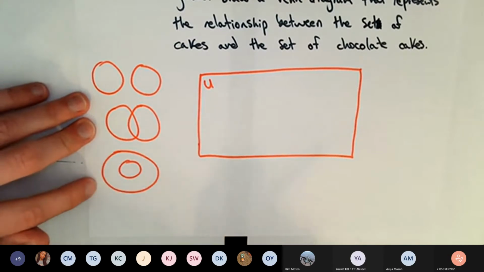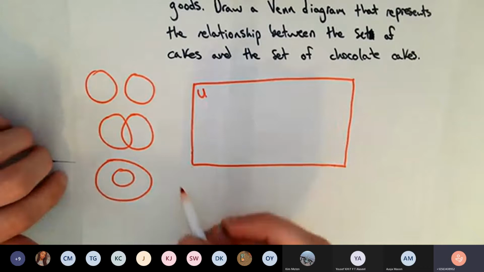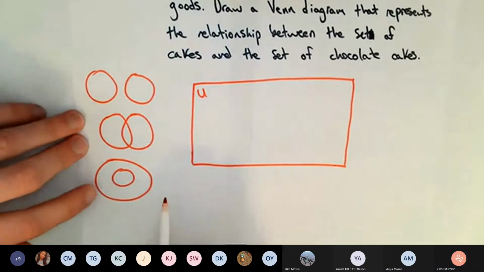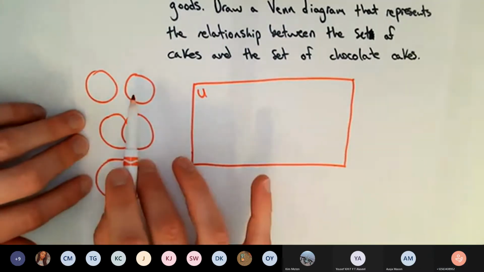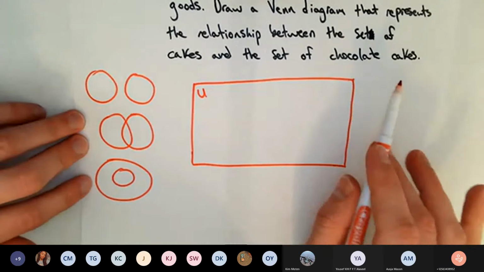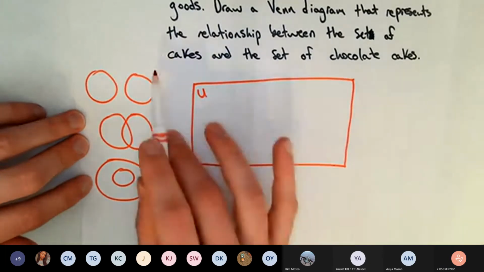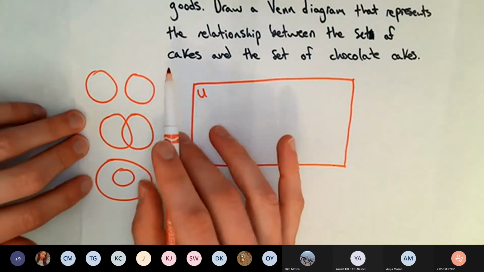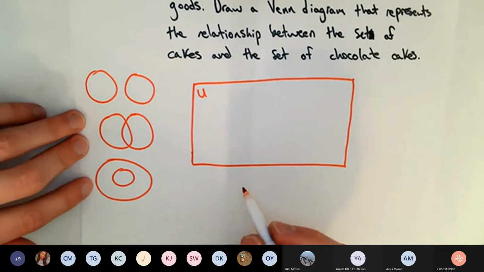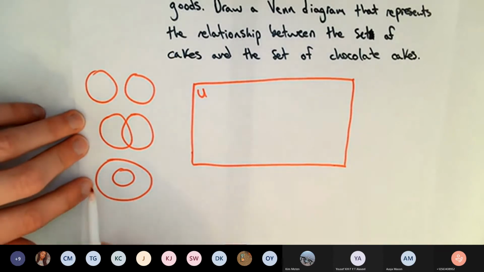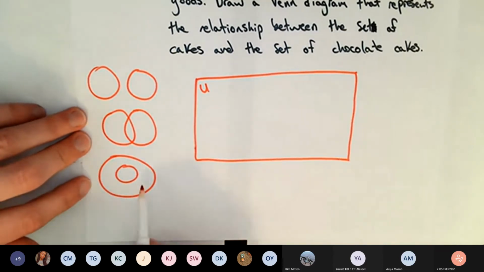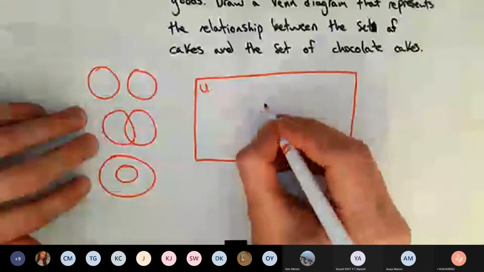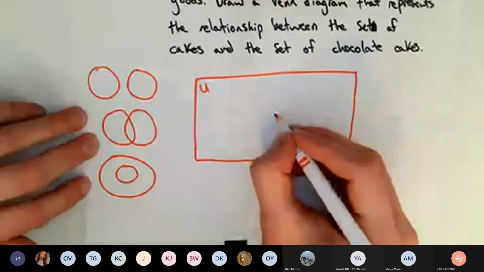Which one is the inner set? Now clearly they're not distinct, right? If a cake is a chocolate cake, then it is a cake, right? So they are going to be overlapping, and in fact they'll be of this relationship down here where one is completely contained in the other.